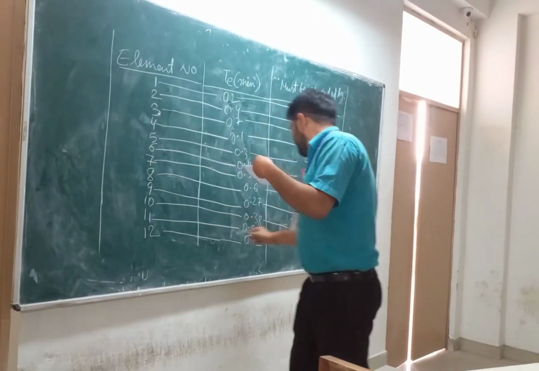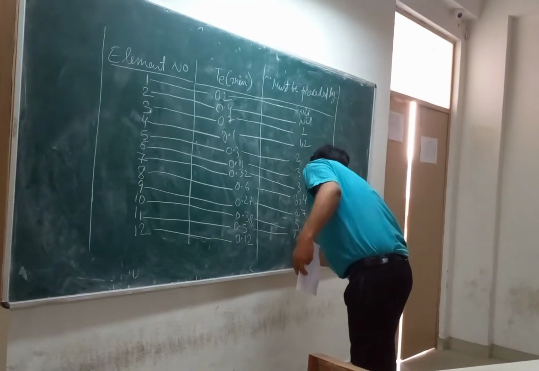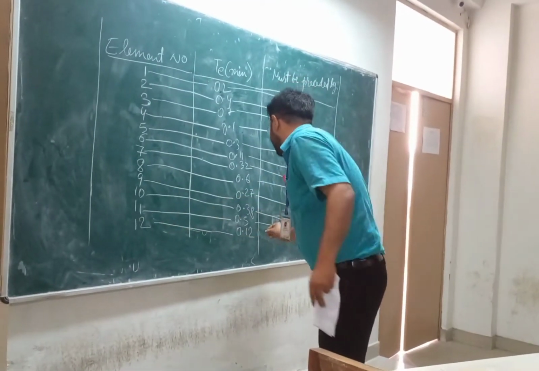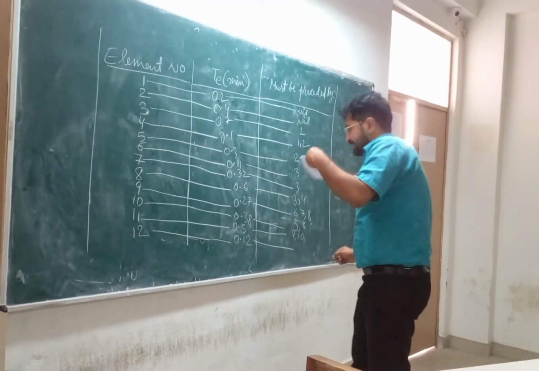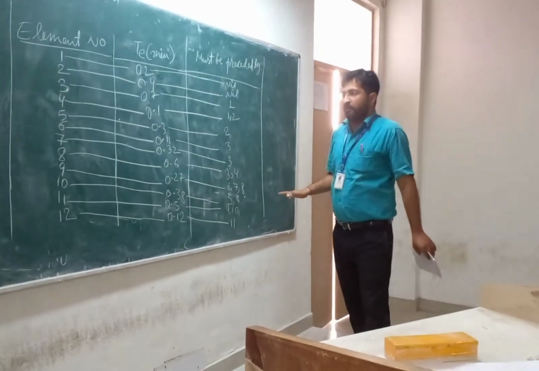For element number 11 the preceding is 9 and 10, and for element number 12 the preceding is 11. So this table has been formed.